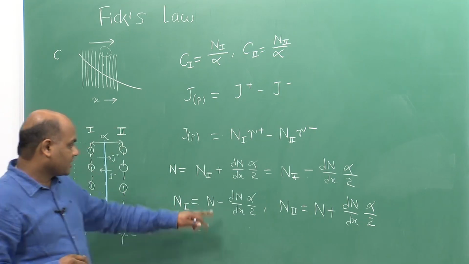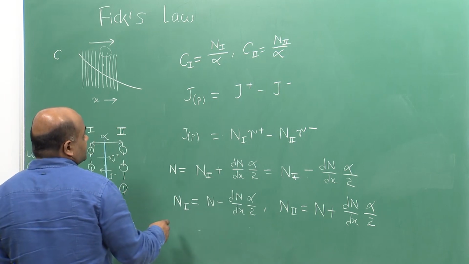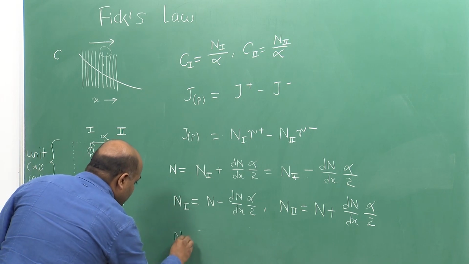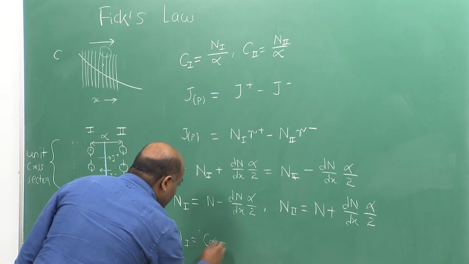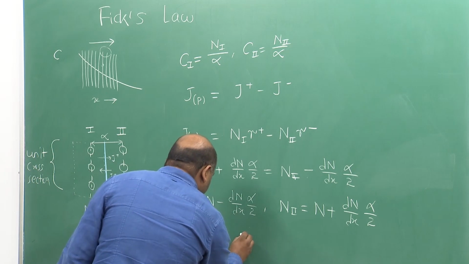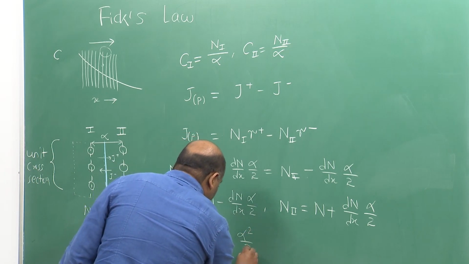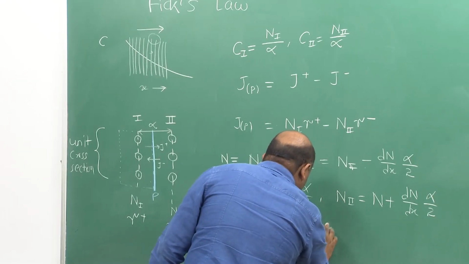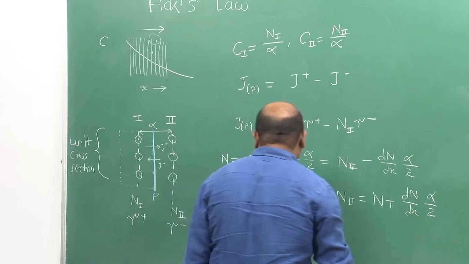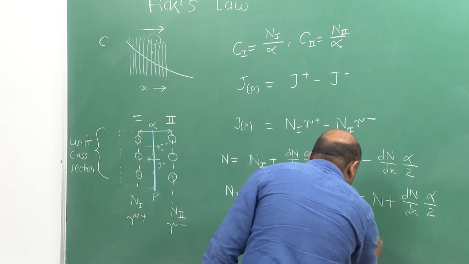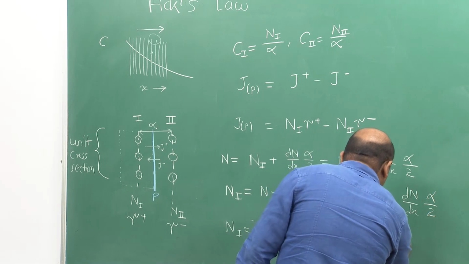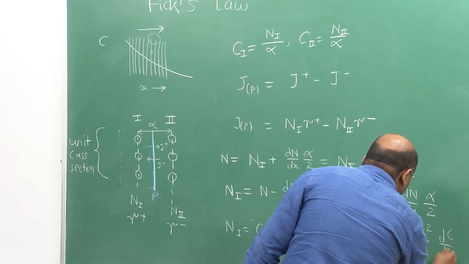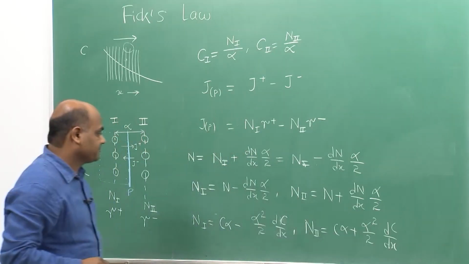And if we substitute for N as C times alpha, then we get N1 is equal to C alpha minus alpha square by 2 dC by dx, and N2 is equal to C alpha plus alpha square by 2 dC by dx.